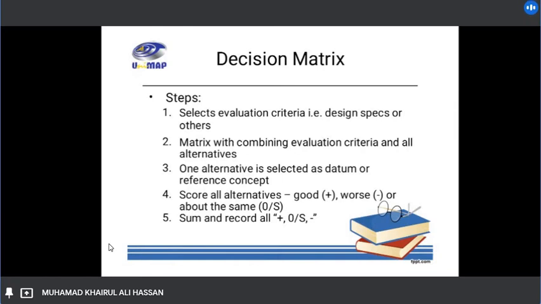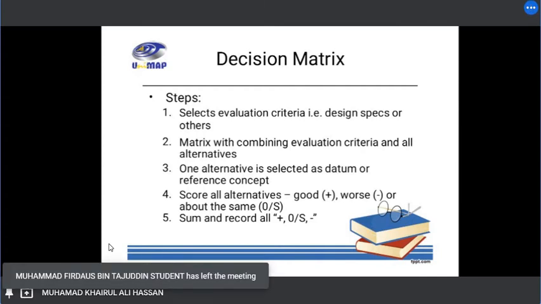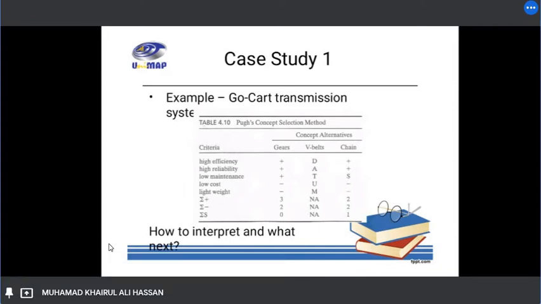If worse, we put minus. If the same, we put 0 or S for same. And then we sum and record how many positive, how many negative, how many same or 0. This is the way we compare our concepts.